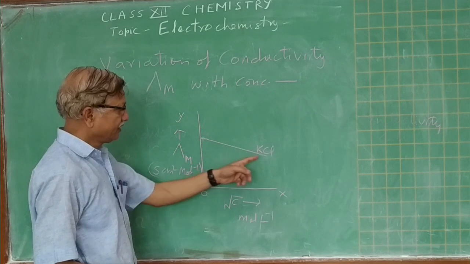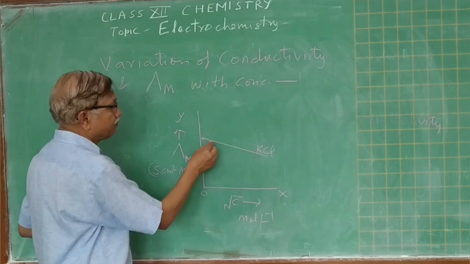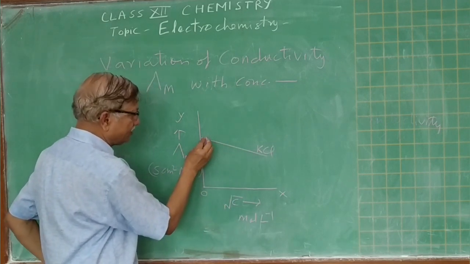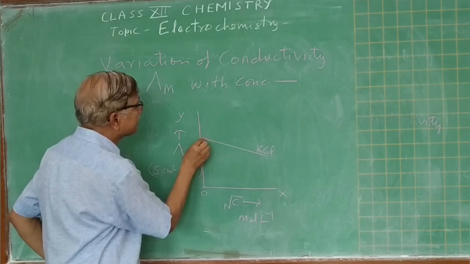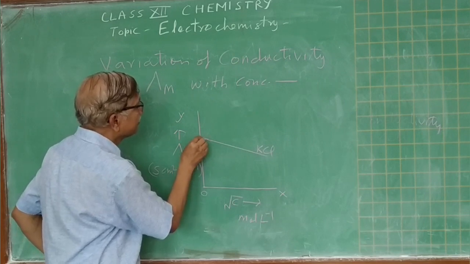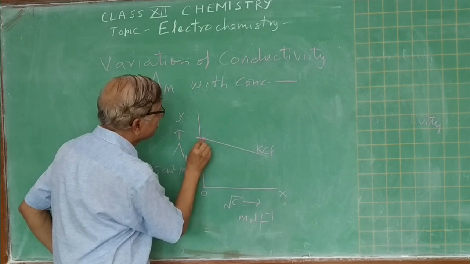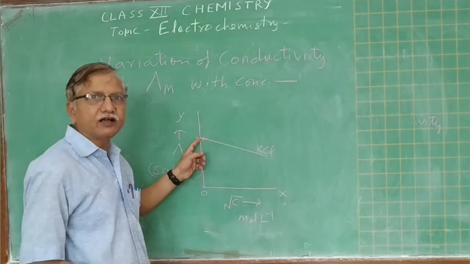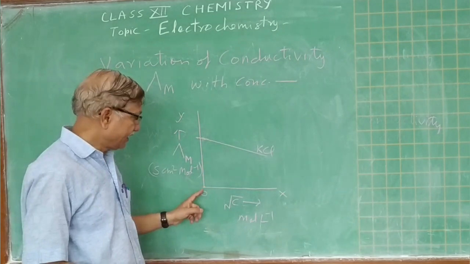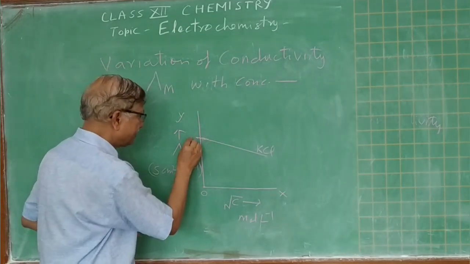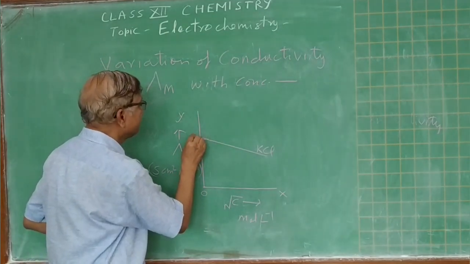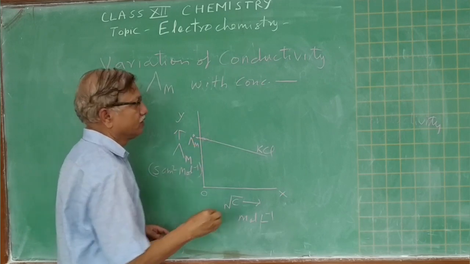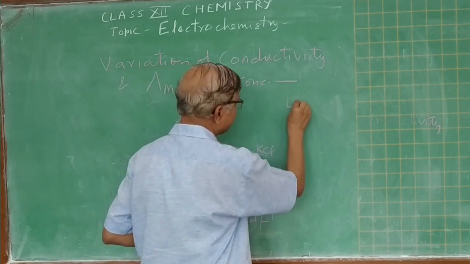Because the graph is a straight line, if we do the extrapolation, this extrapolation gives the value of maximum molar conductivity of the strong electrolyte at zero concentration, and this is denoted by limiting molar conductivity. So what is limiting molar conductivity?